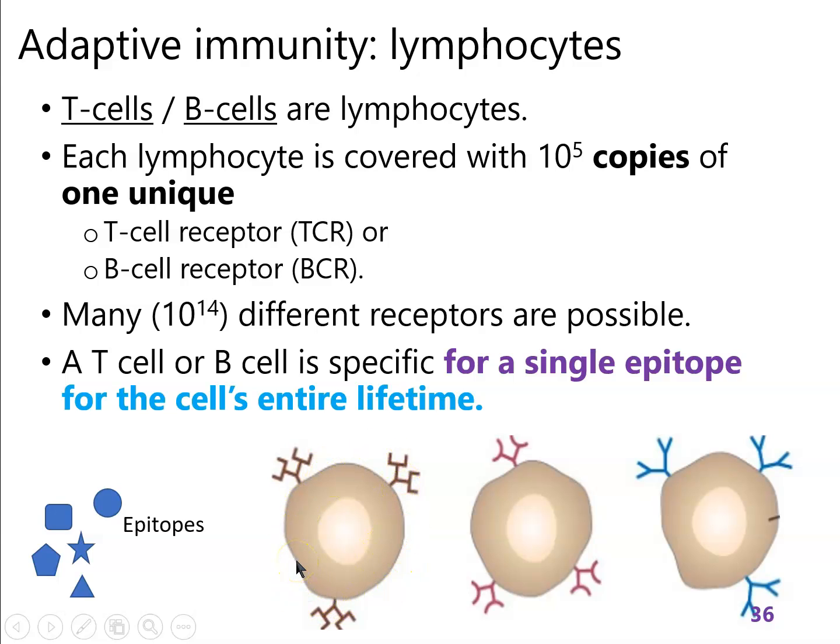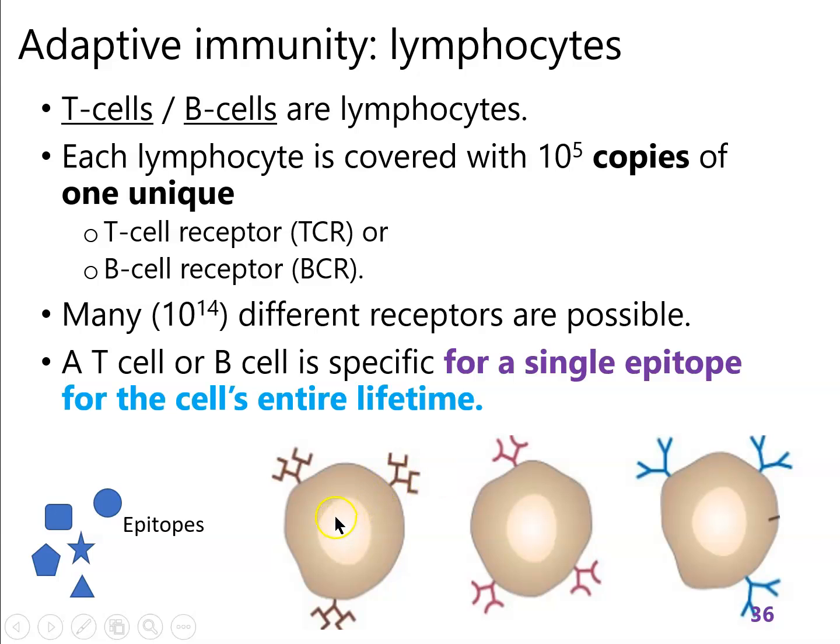And if you notice, this cell has brown, squarish B cell receptors. This cell is drawn with red, circular, or half-moon receptors. And this one has been drawn with blue-green or green triangular receptors.